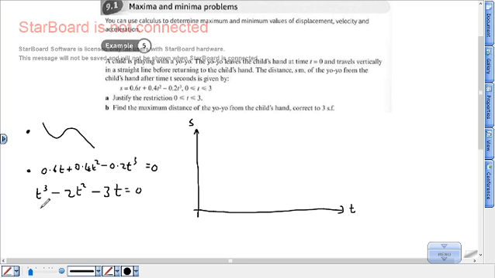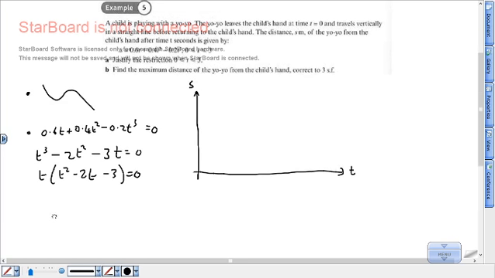t is a common factor, so t open brackets, and you're left with t squared minus 2t minus 3 is equal to 0. We knew that one of the solutions is going to start here where the yo-yo is thrown up. The next thing is to factorize this further. You could use your calculator at this stage.